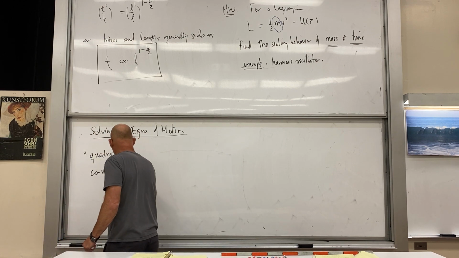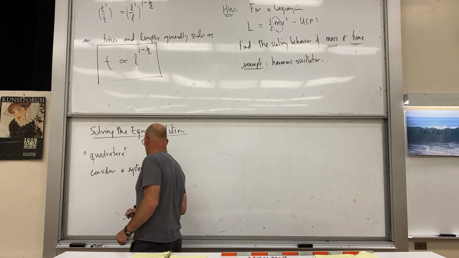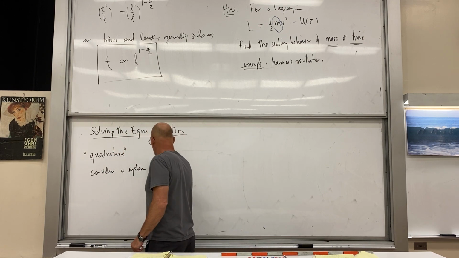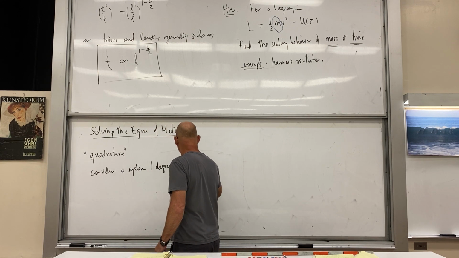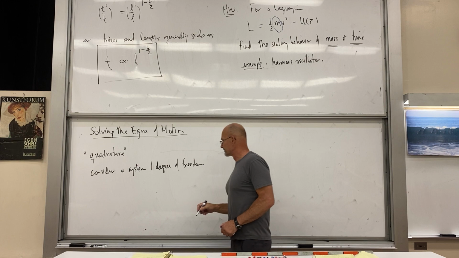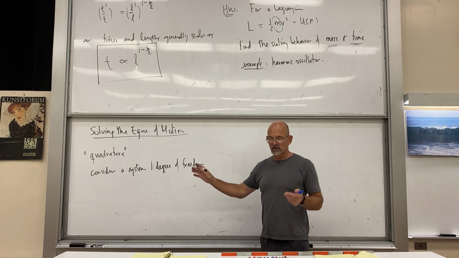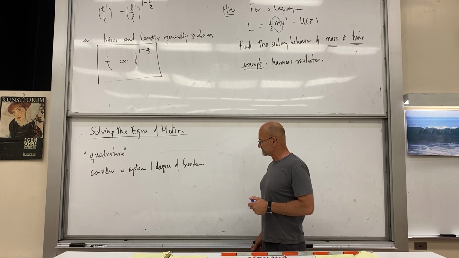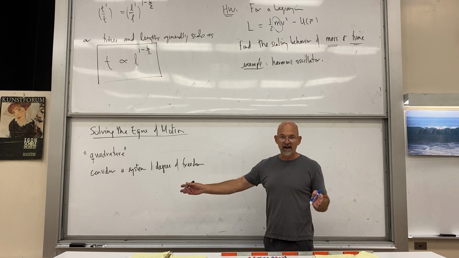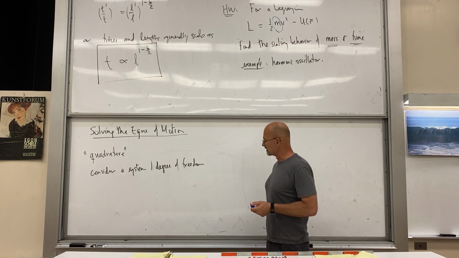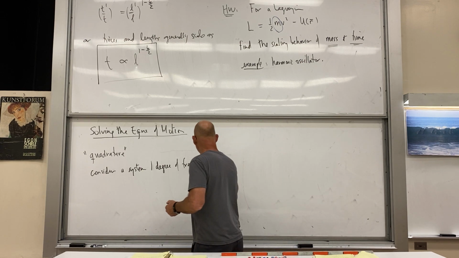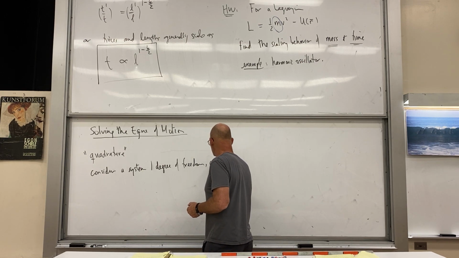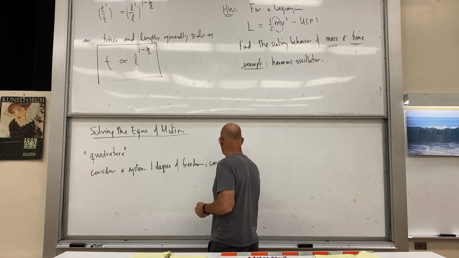So consider a system with 1 degree of freedom. Actually, we're in the Lagrangian method right now, but the example I pull out will be one that we know from Newtonian mechanics. So this is 1 degree of freedom, energy is conserved.